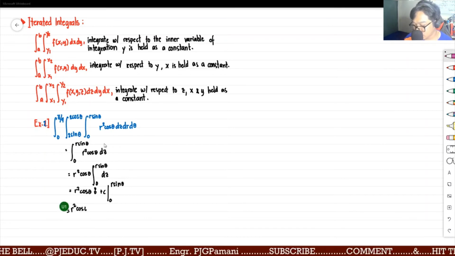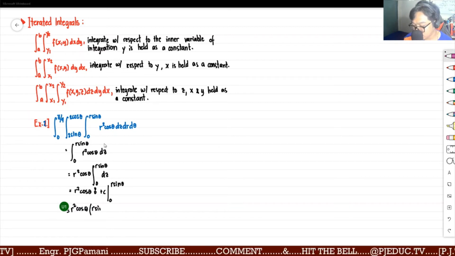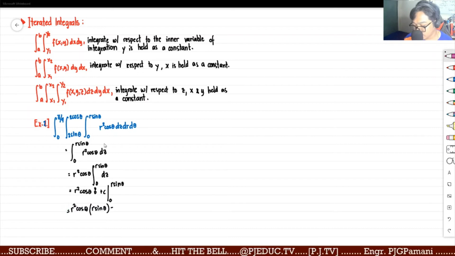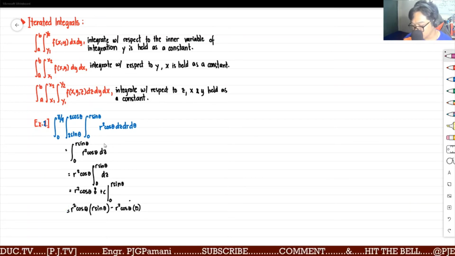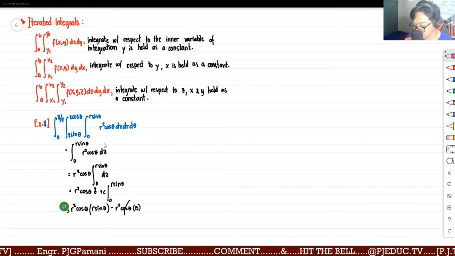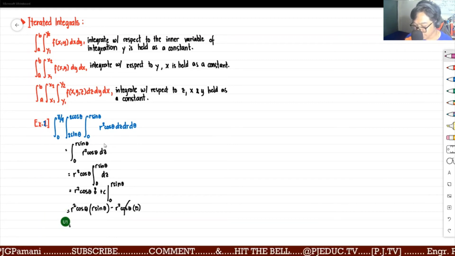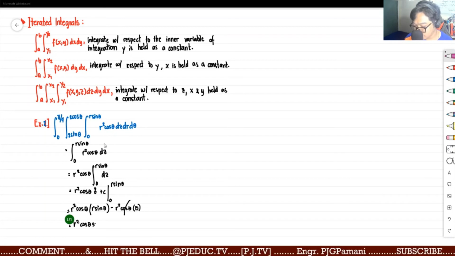Cosine theta times z, which is upper limit of r sine theta, minus r squared of cosine theta times 0. So cancel na yon. That is r cube of cosine theta sine theta.